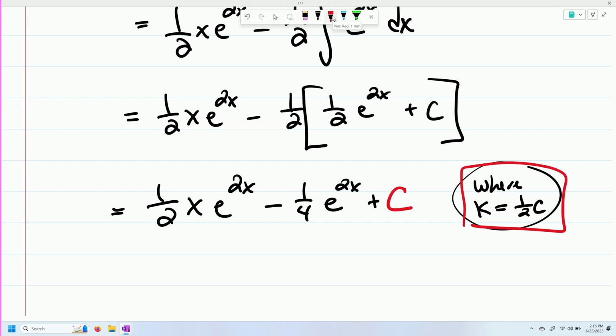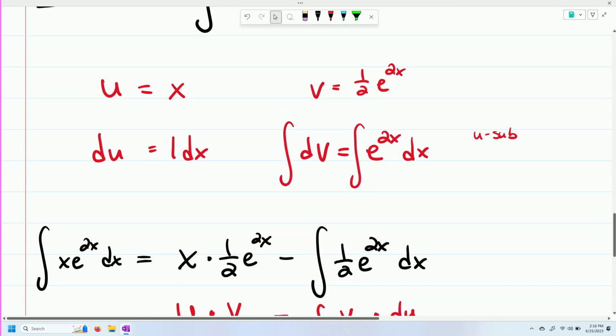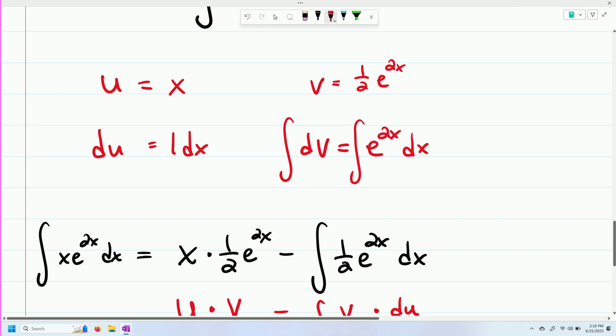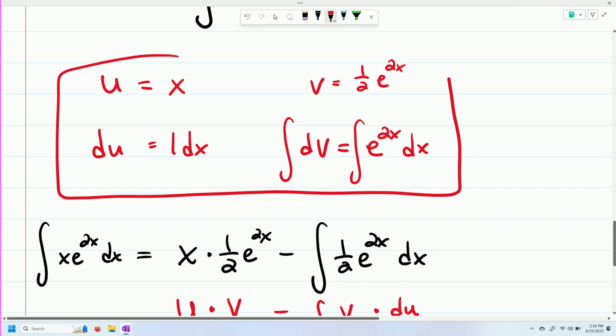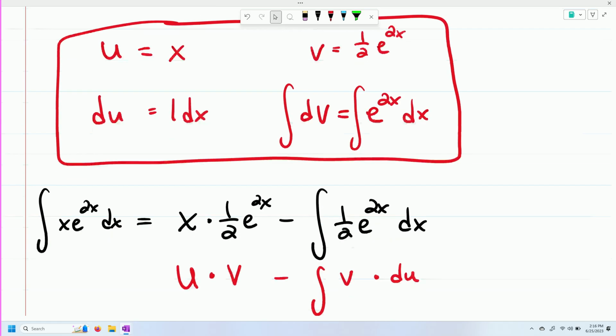All right, pretty good example. Very straightforward. Now you can see how this integration by parts thing works. But I'm going to come back to this, because I said let u equal this and let dv equal this. A natural question would be, how do we choose what we put and where?